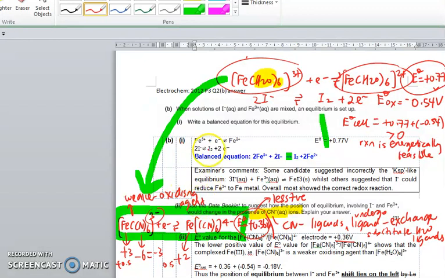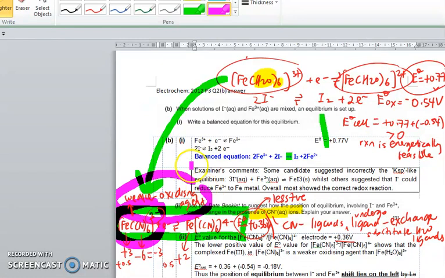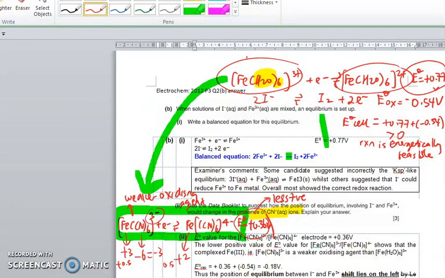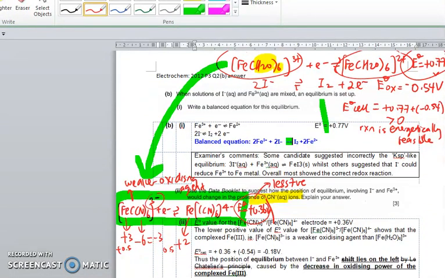I repeat, I am really talking about this ion here. Fe(CN)6 3 minus is actually a weaker oxidizing agent. And if you check the E naught cell, you will realize that to reduce the Fe(CN)6 3 minus to the plus 2 oxidation state, E naught reduction is positive 0.36, plus the E naught oxidation, which is still negative 0.54.